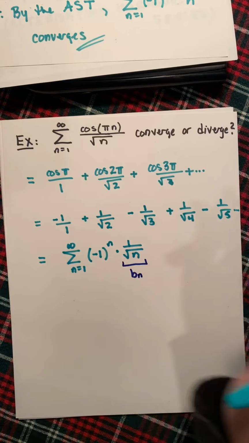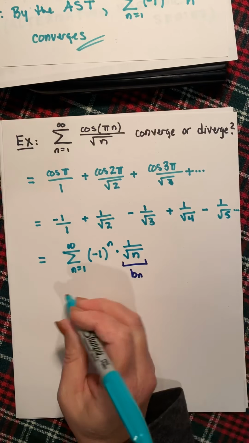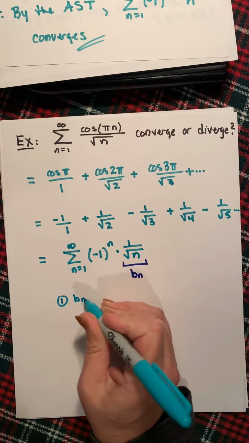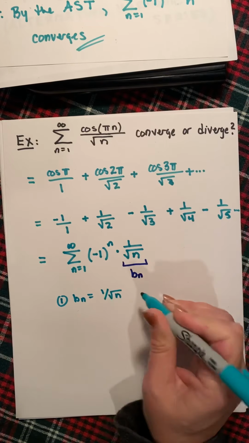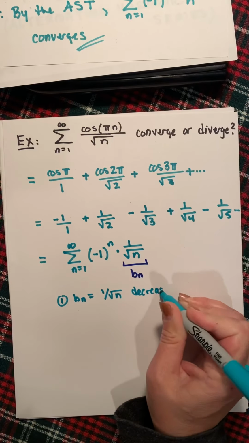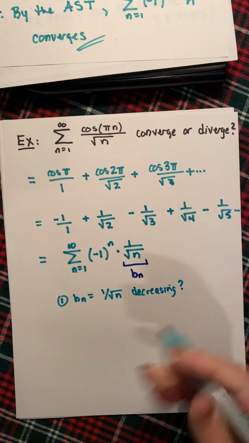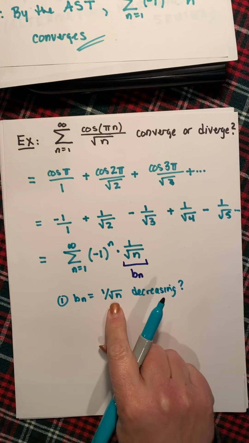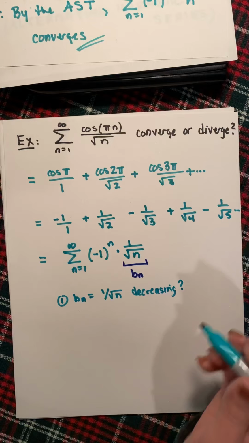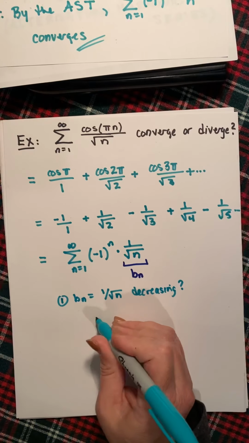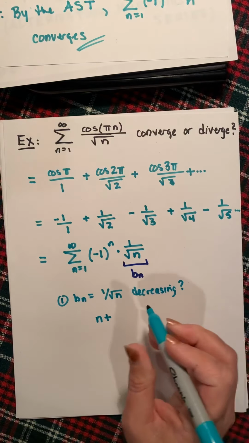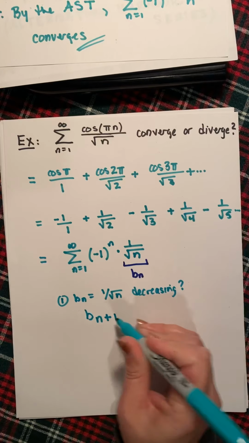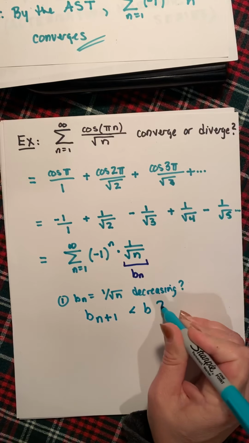This is Bn, right? So let's show that Bn, 1 over the square root of n, is decreasing. There are two ways you can do this. You could look at the equivalent function, take the derivative of 1 over the square root of x, and see that it's always negative for positive values. Or algebraically, is the n plus 1 term less than the nth term?